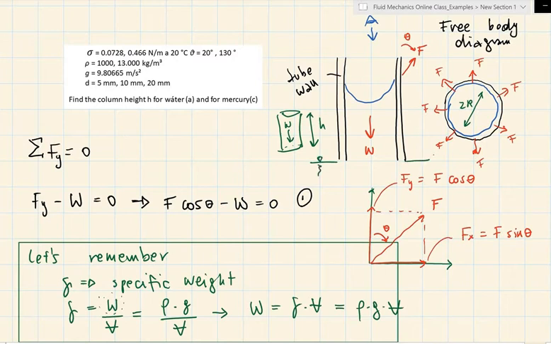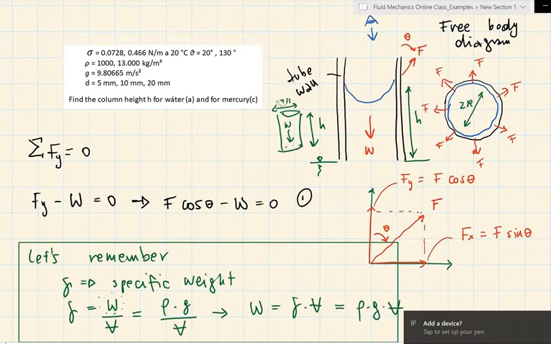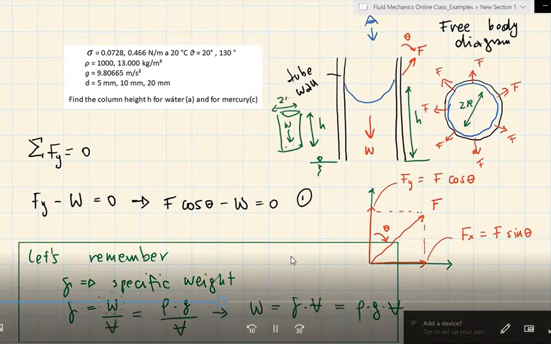So this is the water surface, and then the water is going up the capillary tube to a distance h, okay? And we can compute this because we know that the diameter is 2r and the height is h.